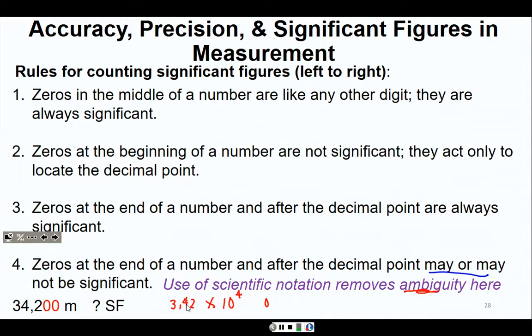But it could be 3.420 times 10 to the fourth, or the one more digit of zeros in there could still be significant, but it's not reported in scientific notation, so we don't know that. All of those may be correct, but only one of those is correct, and that way you will know exactly how many significant digits there are in the reported value. It depends on whether the decimal point is reported.